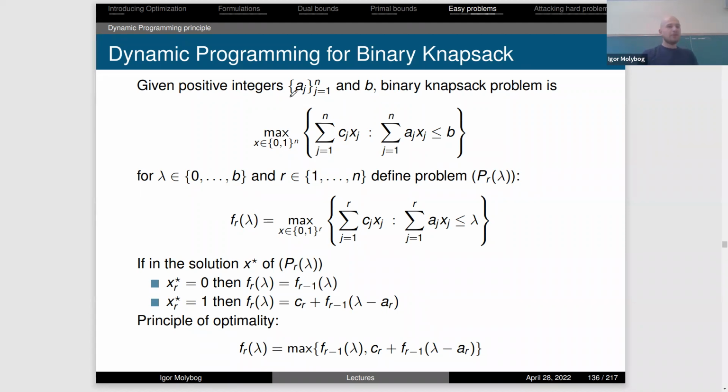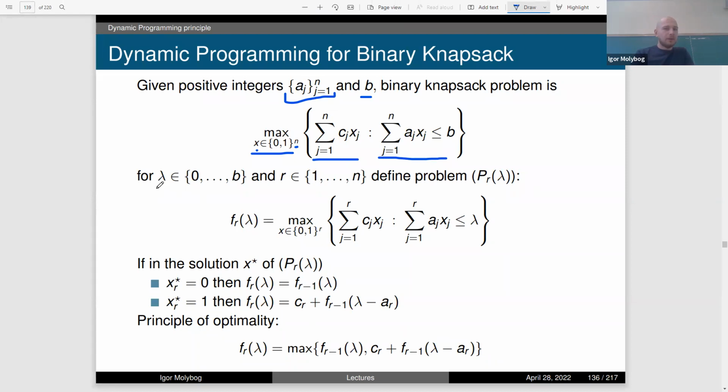So let's say that we have positive integers a_j and a number b. We have a binary knapsack problem that is asking us to find a binary vector x of size n, such that a linear function of this is being maximized, subject to a single linear inequality, sum of a_j x_j less than or equal to b.